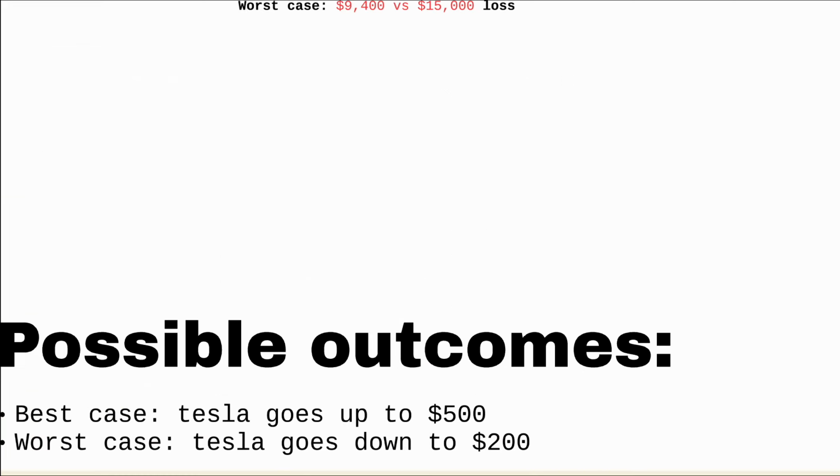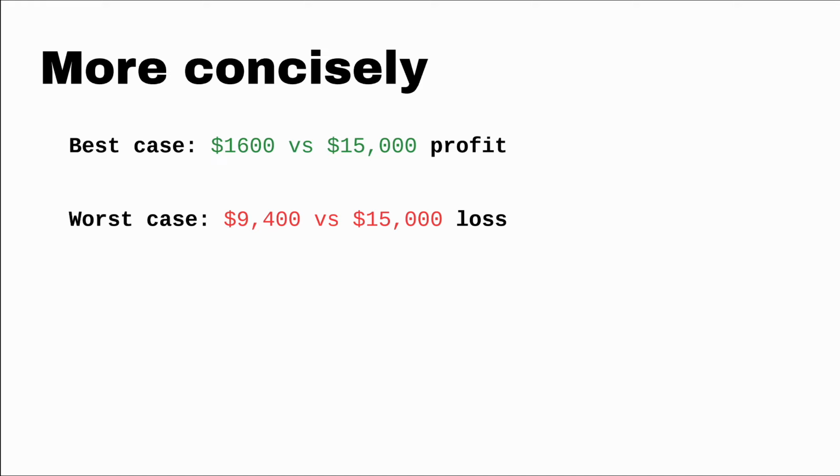Or more concisely, it's a $1,600 profit for the options versus $15,000 profit for the stock in the best case. And in the worst case, it's a $9,400 loss compared to a $15,000 loss for the stock.